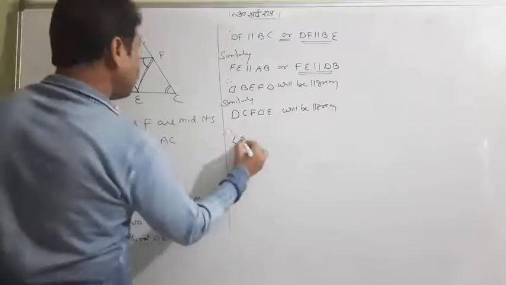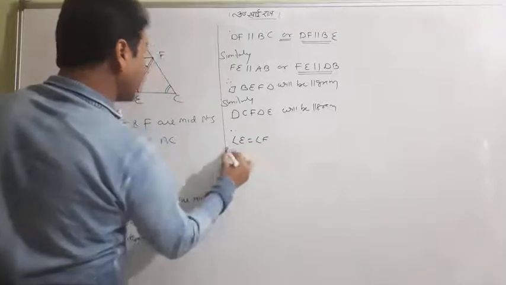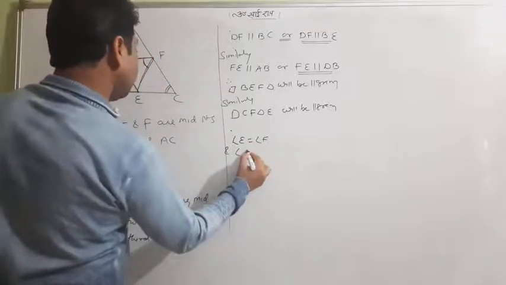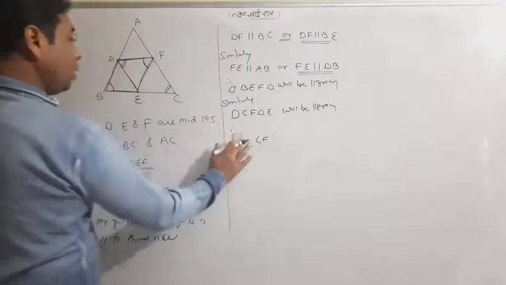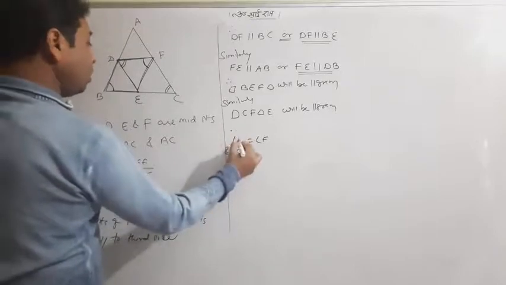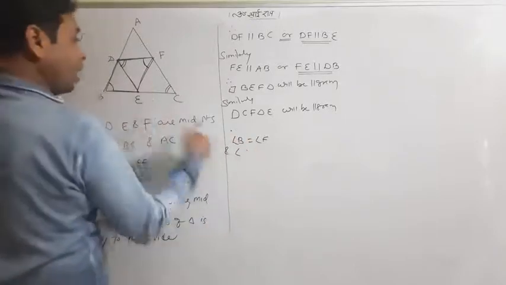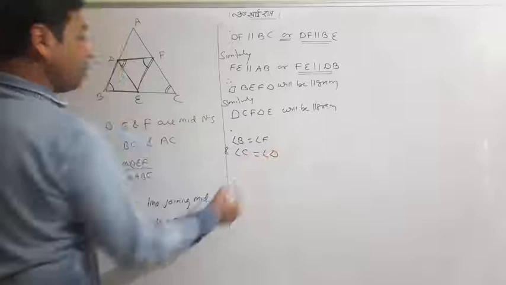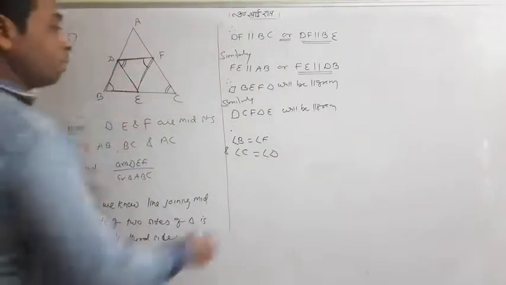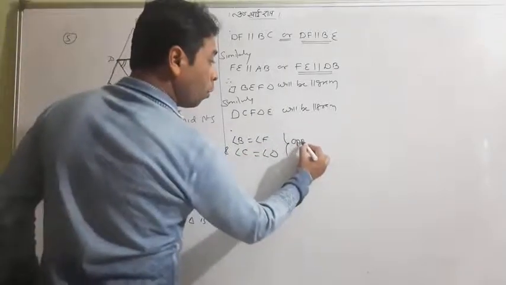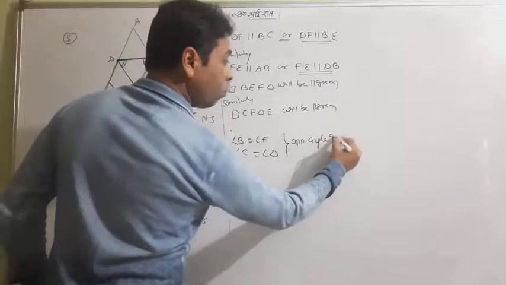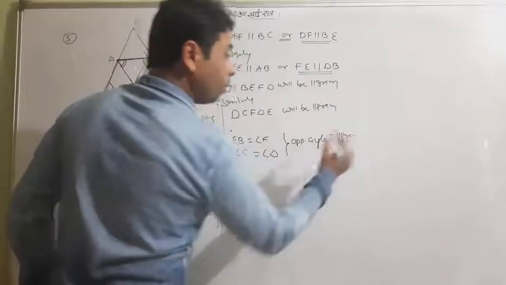Therefore, angle B is equal to angle F, and angle C is equal to angle D. So these two are the same, both are what? Opposite angles of a parallelogram.